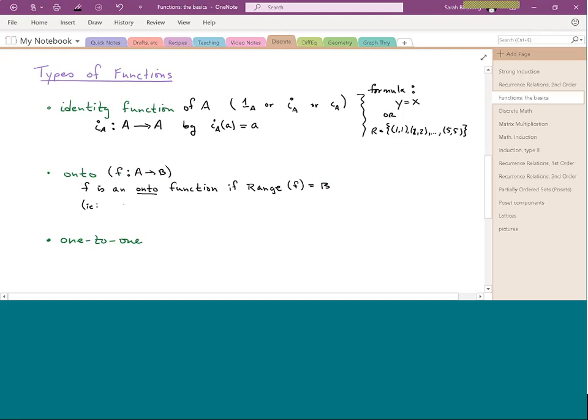You look at every single element in B, the set after the arrow, which would have to be given to you. Then you look to see if you can find a corresponding element from your building set A, where B equals f of A. I don't think I gave you the logical symbols for this.